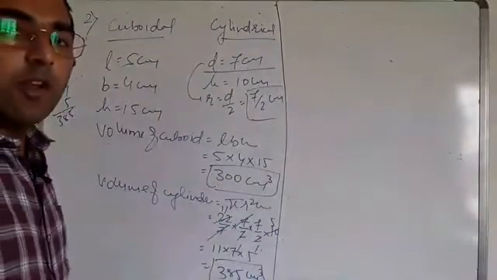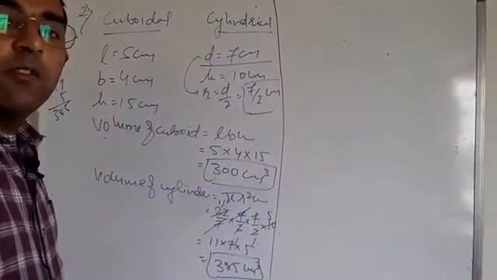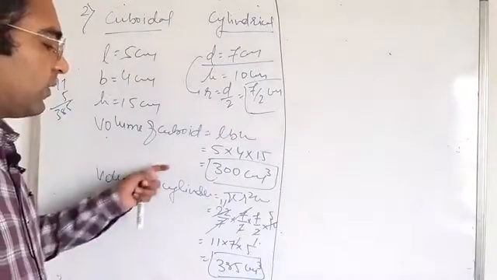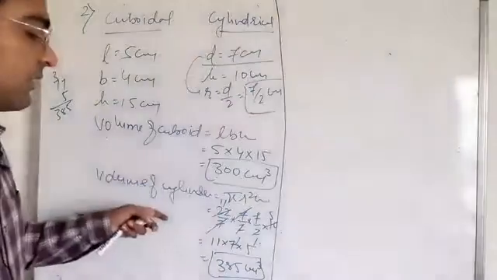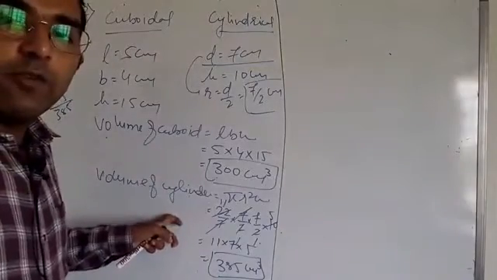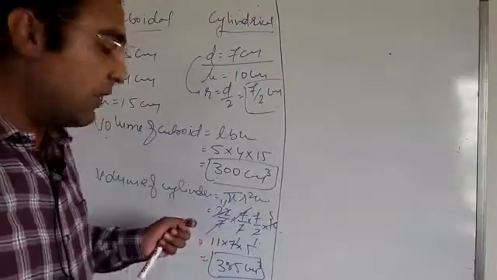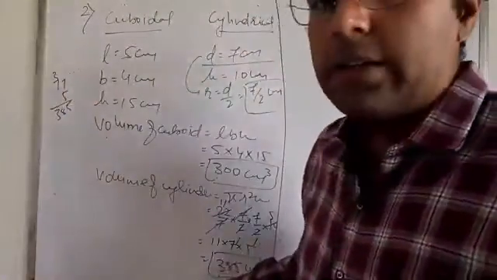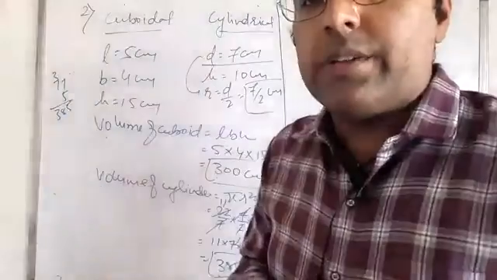From this, we have to say which one has the greater volume. The cylindrical tin has the greater volume, because its volume is 385 centimeter cube and the volume of the cuboid is 300 centimeter cube.